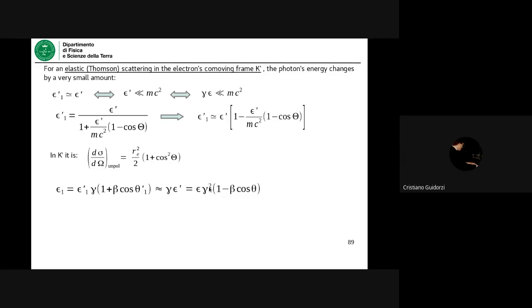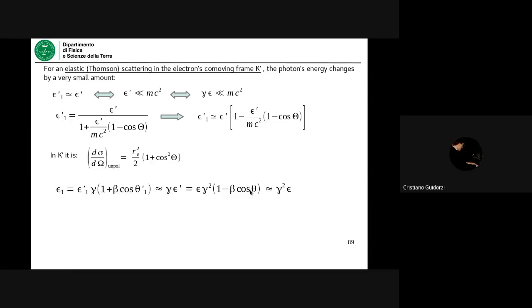But now, if you make no assumption on the incoming direction of the photon in the lab frame, so you consider any possible directions of photons in the lab frame which are going to scatter off the electron, it means that theta can be any value. So when you average out, in general, you can neglect this factor when you consider a population of photons of any possible direction.